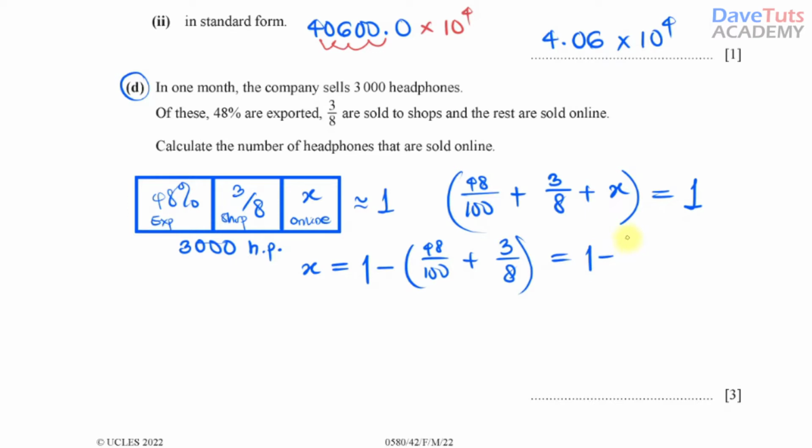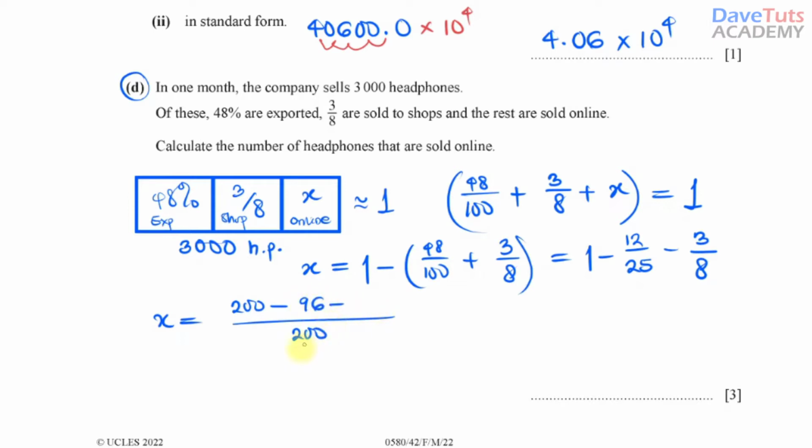I can write this as 1 minus 48/100. Maybe 4 can go into both, that would be 12/25. When I open the bracket, this becomes minus 3/8. To find the LCM, I'm using 200. So it's 200 minus: 25 in 200 is 8, 8 times 12 is 96.